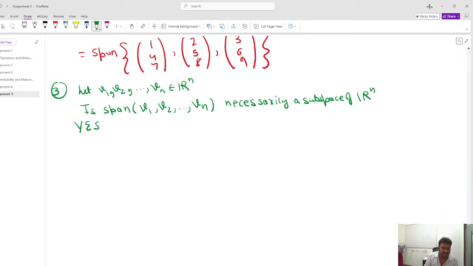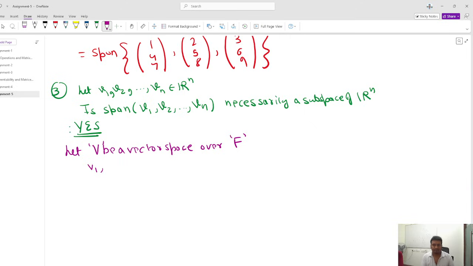Oh, yes. In fact, I will prove it in more generality and I will ask you to do the same proof. The same proof will hold for Rn. So, let V be a vector space over some field F. And let us take some vectors v1, v2, dot dot dot vm belonging to V. I think the number of vectors you are taking, m, doesn't matter.